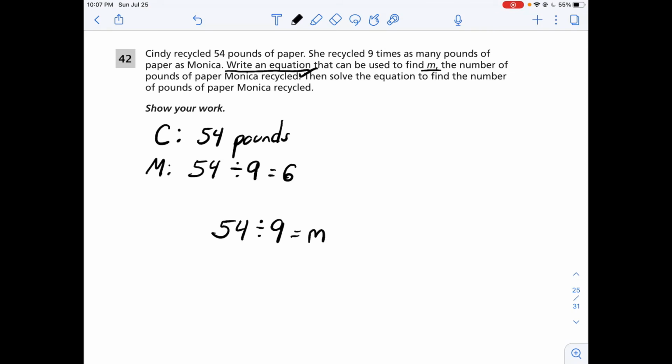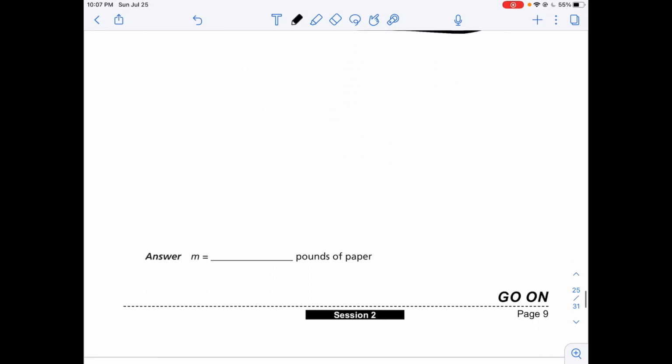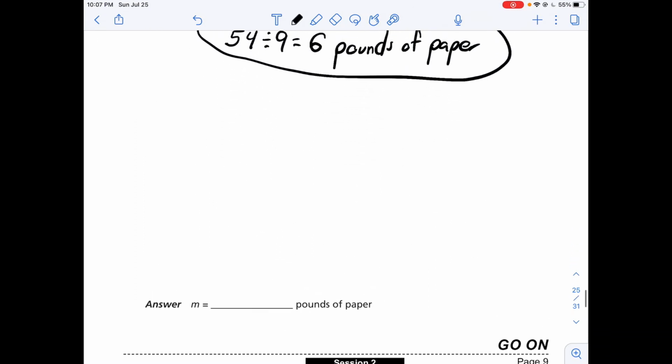Then it says solve the equation. So now we have to solve it. 54 divided by 9 equals 6. 6 what? Make sure we write our units. 6 pounds of paper. And they actually want us to put our answer on this line, so M equals 6 pounds of paper.